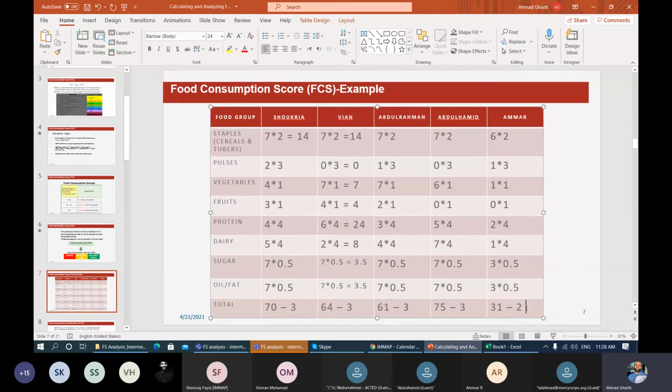We try as much as possible, though, when we ask the food consumption score, to choose a week that we feel will be representative of the typical consumption, which is to say, on average. So also, if you think about the timing of when people are getting assistance, right?